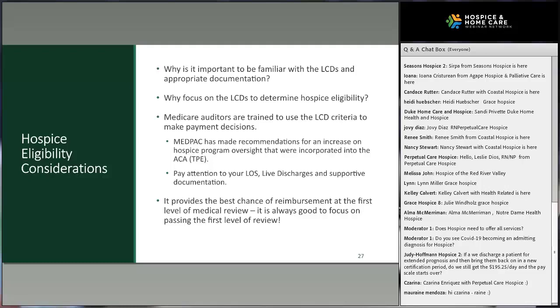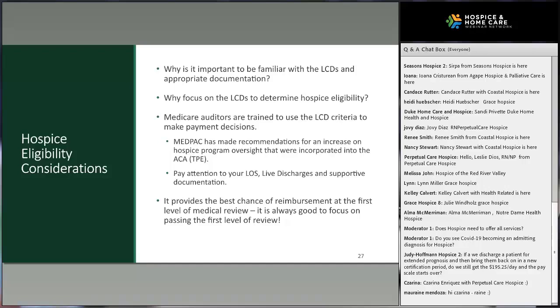You might be admitting them a little bit too quickly onto service. That's usually a guide in your QA department. If you're benchmarking and you have a high incidence of live discharges, make sure your staff is trained on using the LCDs and looking at who is eligible. That's your first clue to tell you you've got a problem.